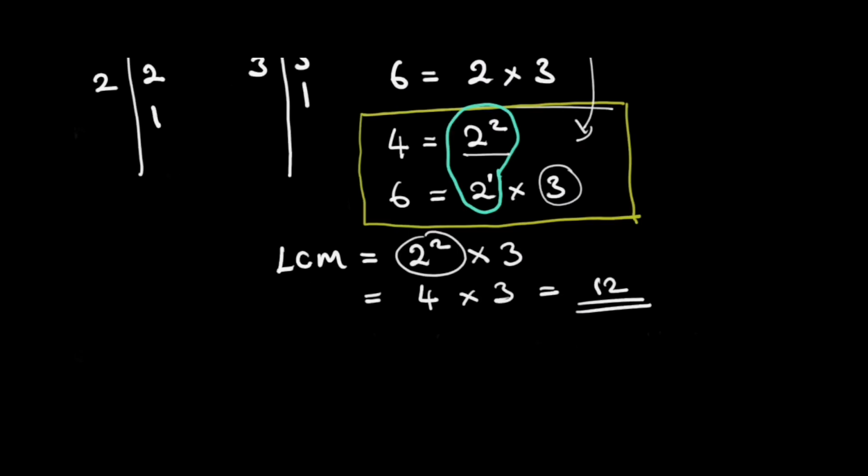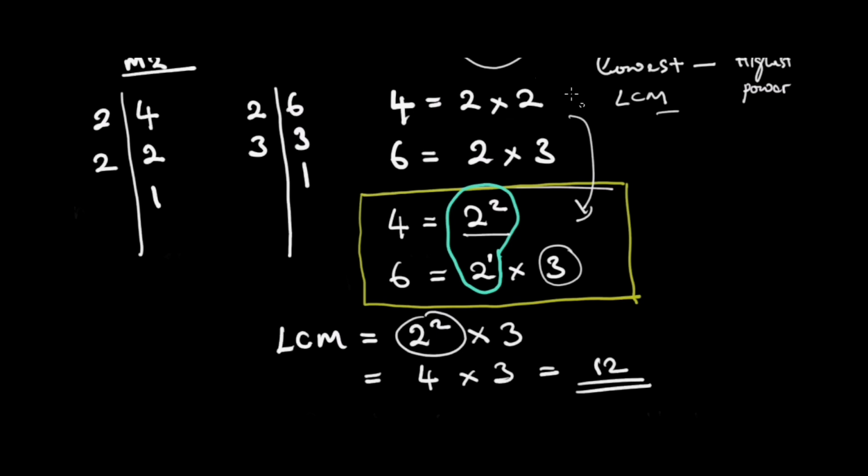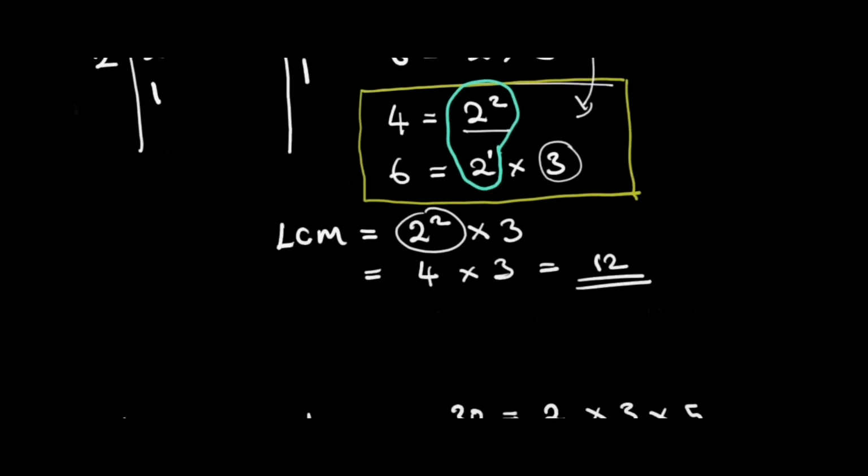Kune zvimwe zvatiri kuda kuita, saka ndichazviita in a different color. Ndemwe approach yatinogona kuita tisingazo express these factors as powers. Saka tinozviita sei? Tinouya panapa tobva tati 4 ari equal to 2 times 2. 6 ari equal to 2 times 3.